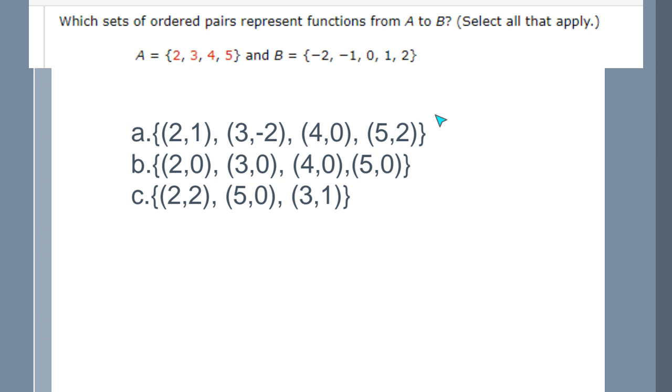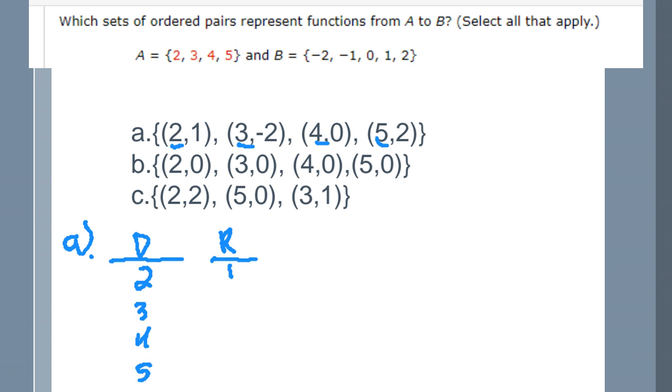If it's helpful, again, you can draw. Let me just draw letter A here. So we have my domain. The first numbers make your domain: 2, 3, 4, and 5. And then our range are the second numbers, 1, -2, 0, and 2.